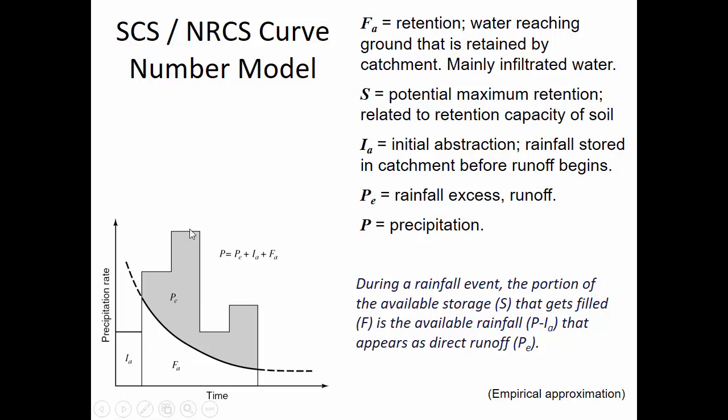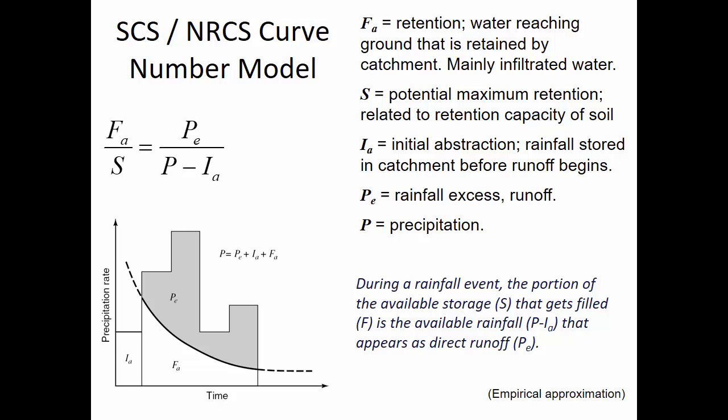And so with this overall method, you can see that the precipitation is split up between the precipitation excess, which contributes to runoff, the initial abstraction, and then the stored water, the retention. And that's mainly infiltrated water. So F sub A here is infiltrated water. And the idea is that the ratio of the water that is stored to the potential maximum storage is similar to the ratio between the amount of rainfall excess and the overall precipitation minus the initial abstractions.